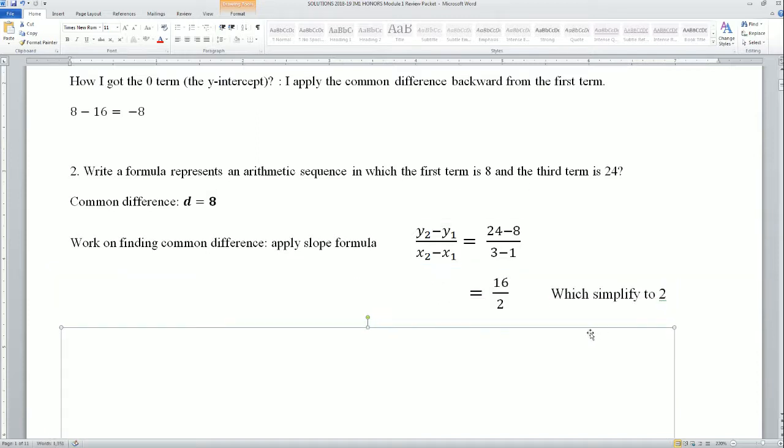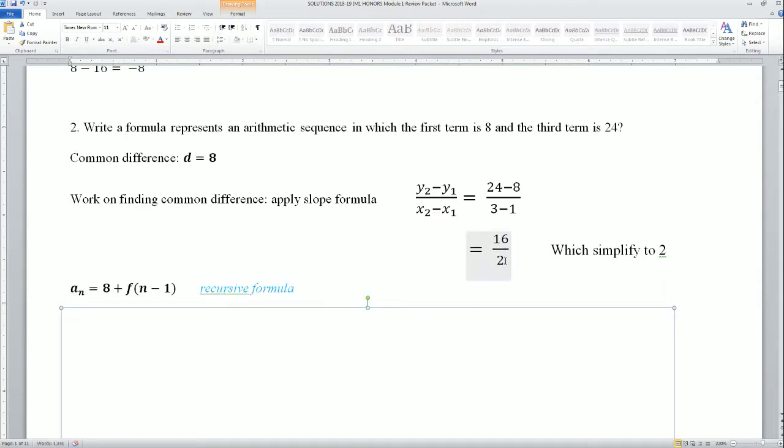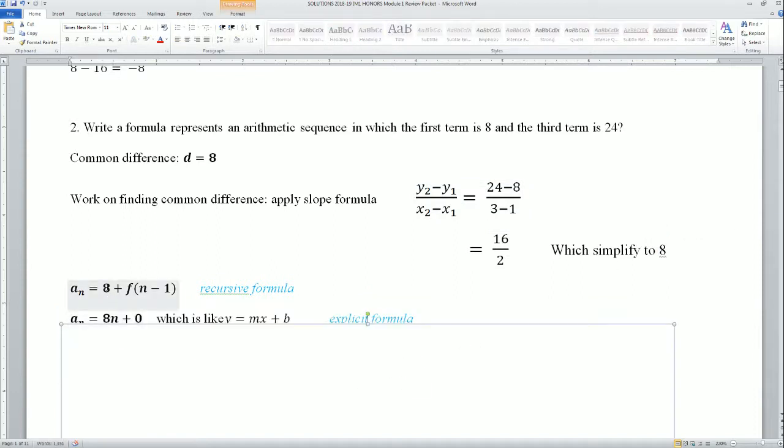Simplify that, gets me 16 over 2, which simplifies to 8. That is why I plug in 8 here for the common difference.